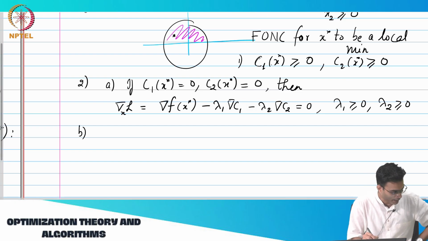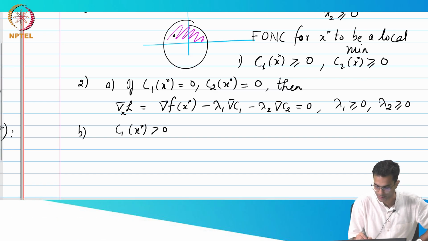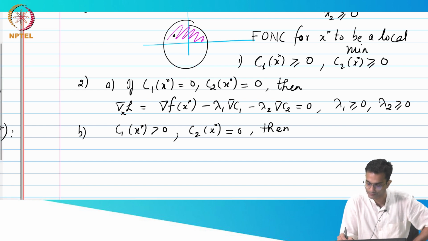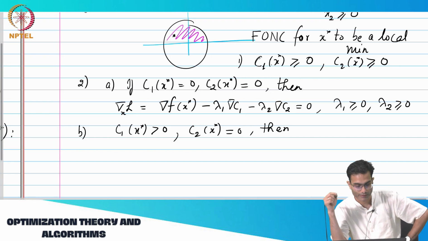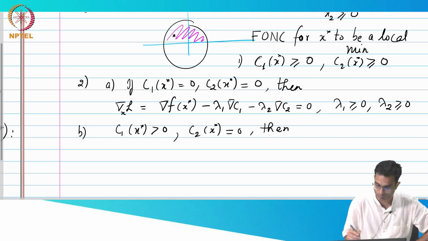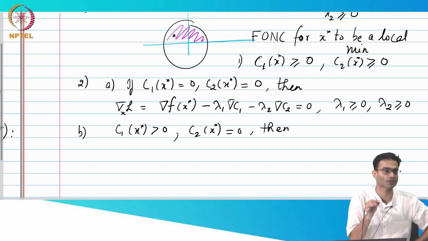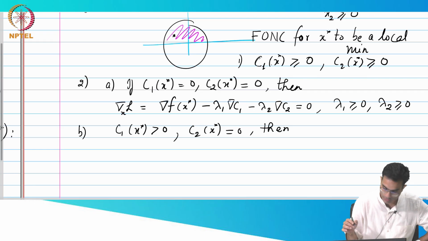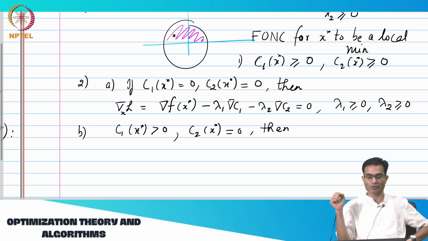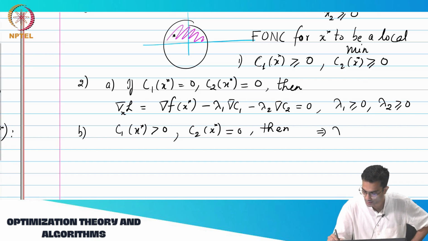What if I had case B where C1(x star) is strictly greater than 0, C2(x star) is equal to 0? Then what should I have to verify? If C2(x star) equal to 0, gradient of Lagrangian has to be 0 anyways, right? But if C1(x star) is strictly greater than 0, what does that say about lambda 1?